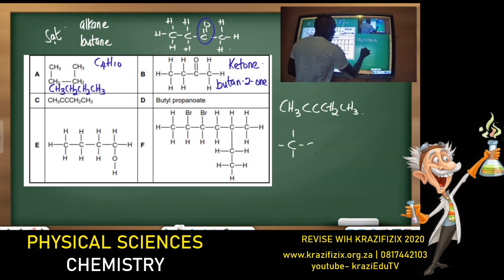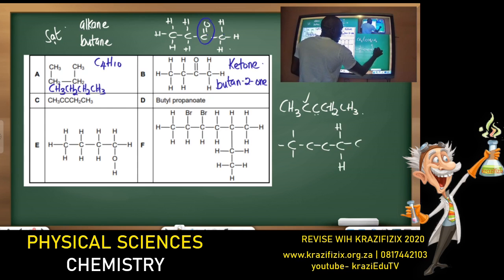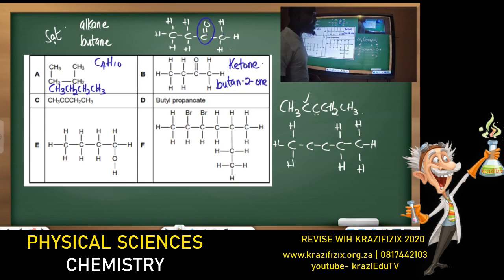CH3, then I have a carbon, then another carbon, then another carbon with 2 hydrogen atoms, and another carbon with 3 hydrogen atoms. Now let's check. Remember, around every carbon there must be 4. So 1, 2, 3, 4.